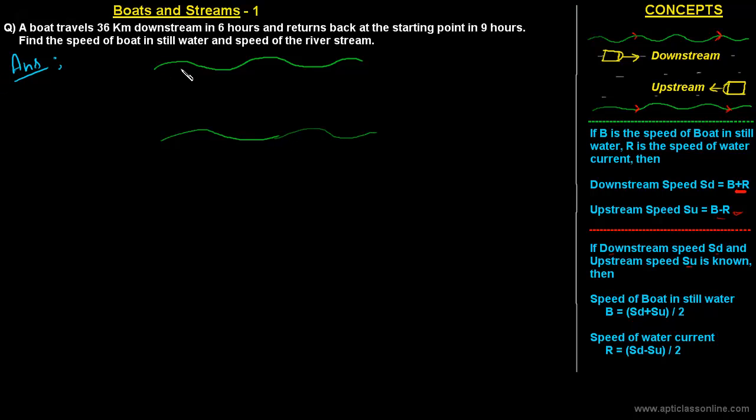So a boat travels 36 km downstream. Okay, so suppose from this place to this place it is 36 kilometer. 36 kilometer is it travels downstream and come to this point in 6 hours and return back at the starting point in 9 hours.